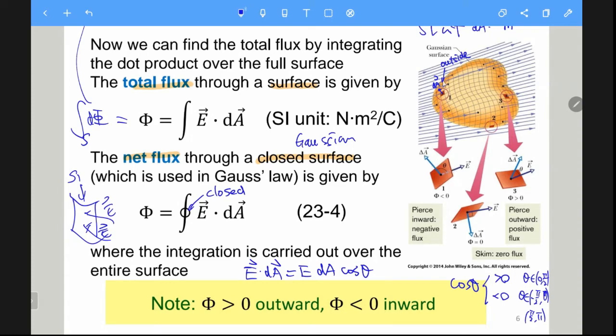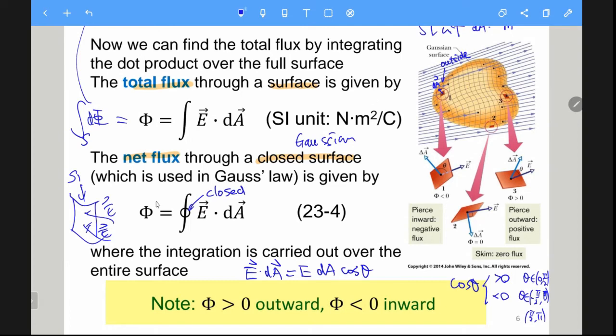If you define a Gaussian surface and calculate E dot dA and integrate them together, it doesn't necessarily mean that all the points on the whole surface have positive values or all negative values. Maybe some are positive, some negative, then after summation, part of them will cancel out each other.